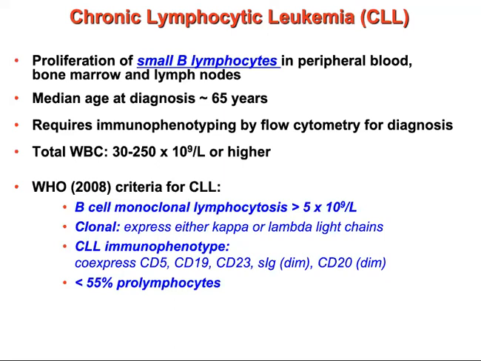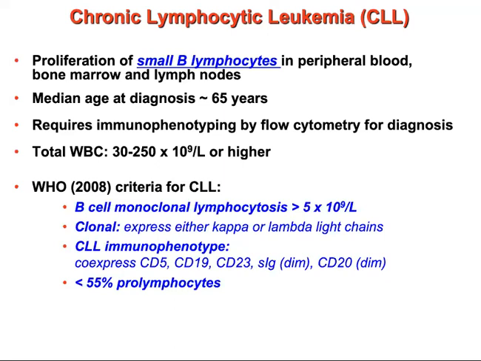The World Health Organization has come up with classification criteria for people with CLL. If your patient fits all of these criteria as defined by the WHO, you could say it is very likely that this is what they have, CLL.